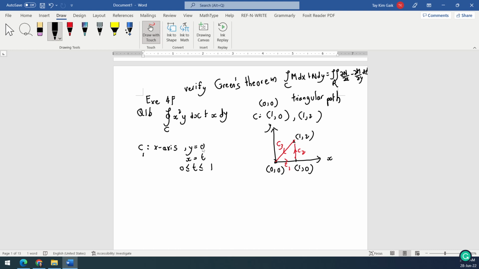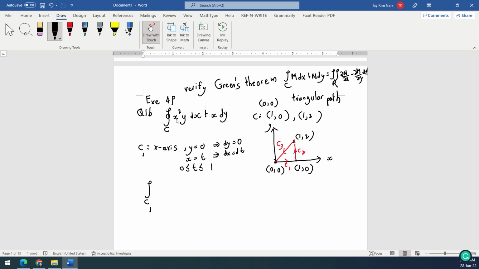Since y equals 0, dy is 0. X equals t, dx equals dt. So plug into the line integral along curve C; you have to do C1, C2, C3, and the three results add up together.